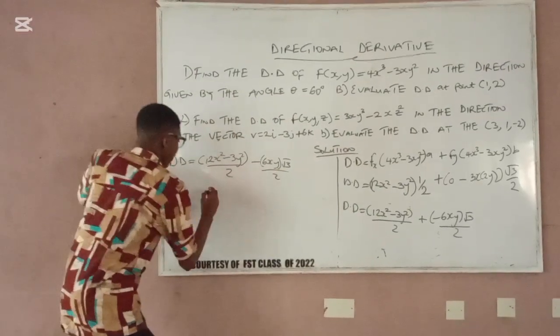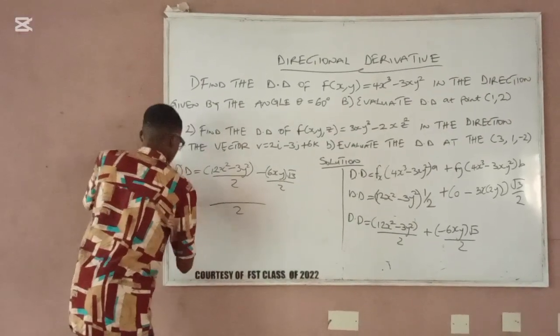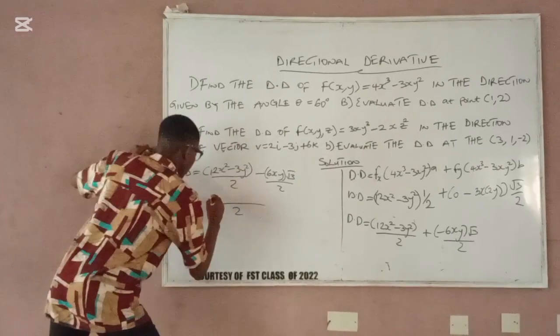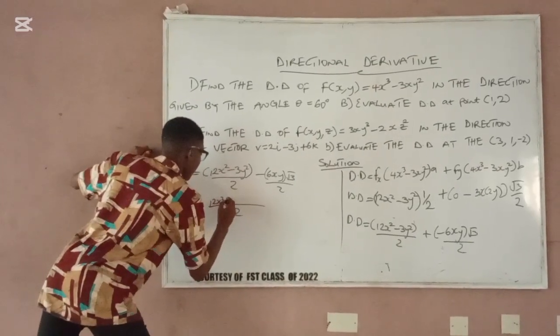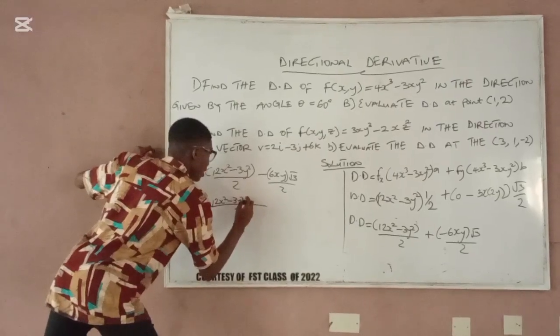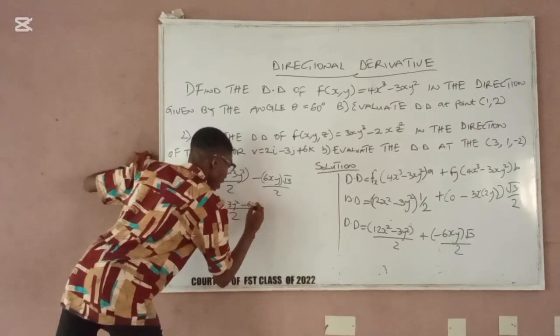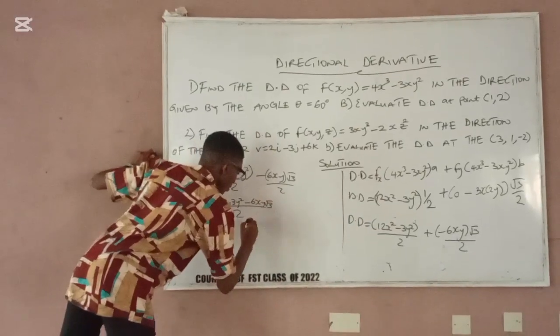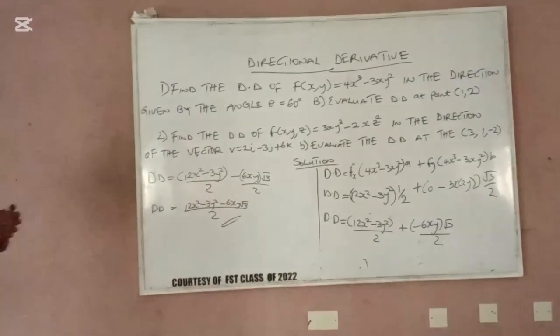Find the LCM. The LCM is what? 2. So this is (12x squared minus 3y squared minus 6xy root 3) all over 2. This is the final answer.